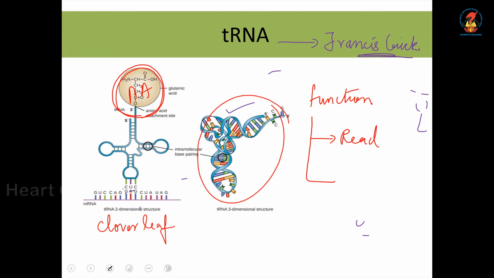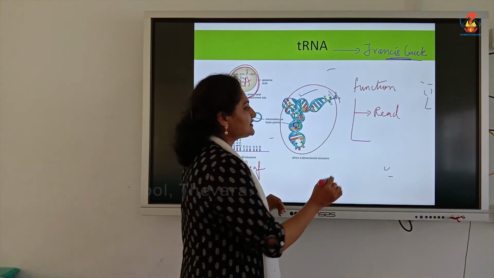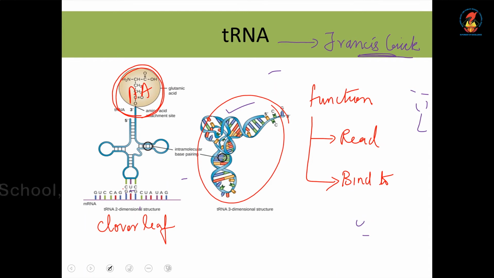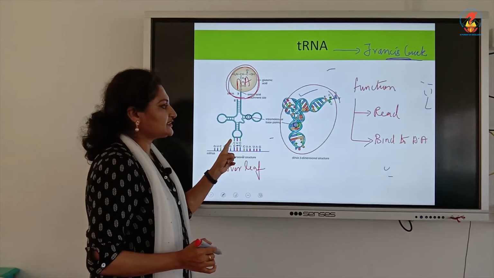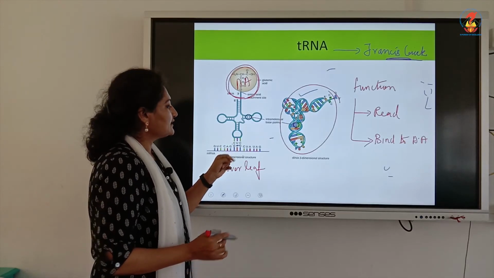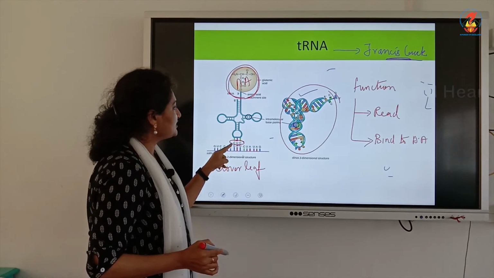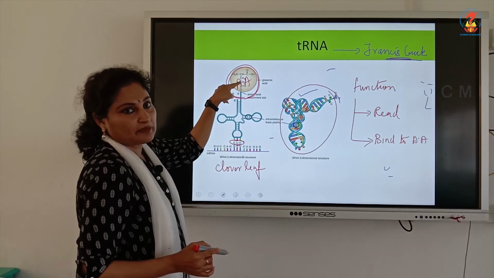First it reads and then it binds to the appropriate amino acid. For example, GAG. Which tRNA is going to come here? The tRNA having CUC. It reads GAG and binds to the appropriate amino acid.